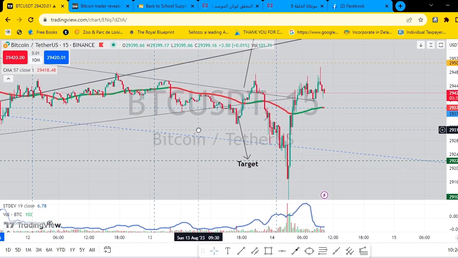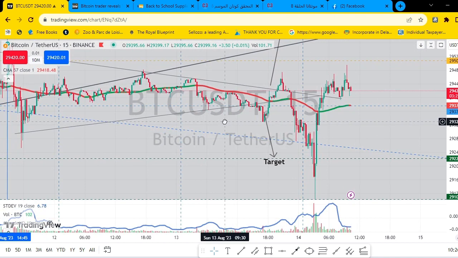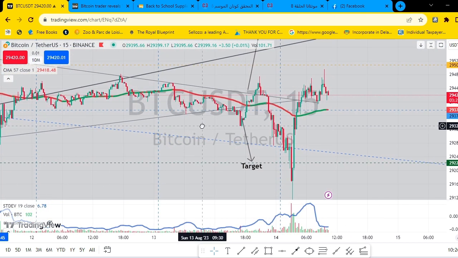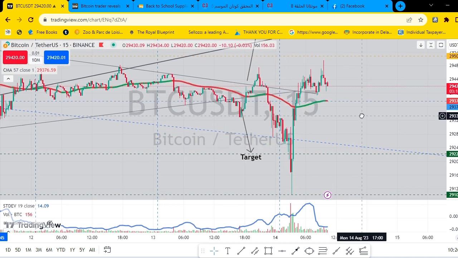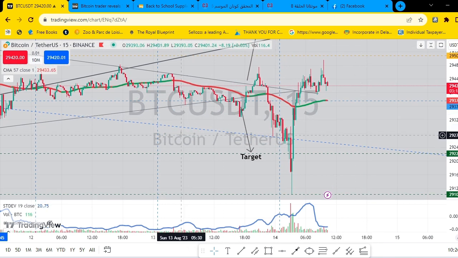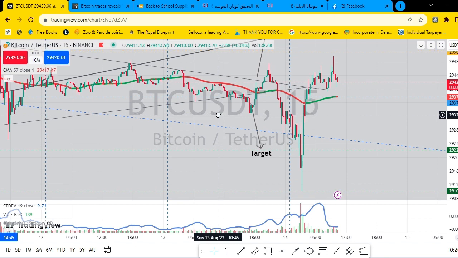As I said yesterday, Bitcoin versus USDT is one of the most volatile and tricky markets to trade. But if you know how to trade it, you are certainly going to make a lot of money off of this market.